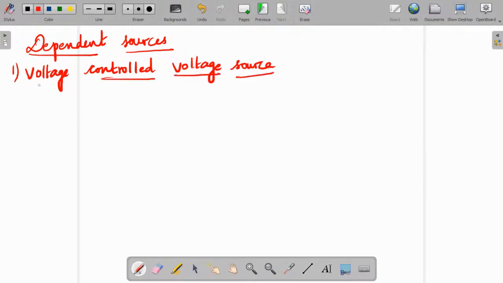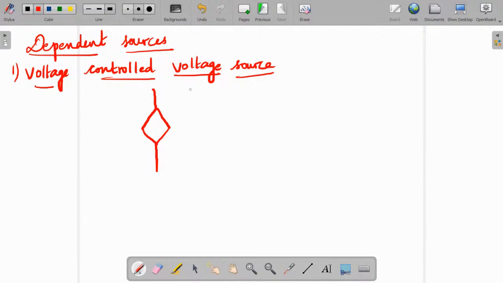Voltage controlled voltage source. Okay, the symbol, how will it look? It is a voltage source. Obviously, all dependent sources will be in the rhombus symbol. So if you see this kind of symbol in your circuit, you should know it is a dependent source.